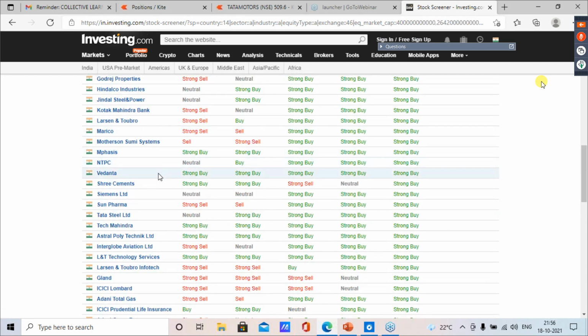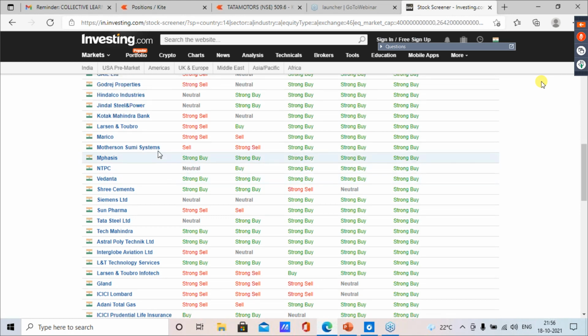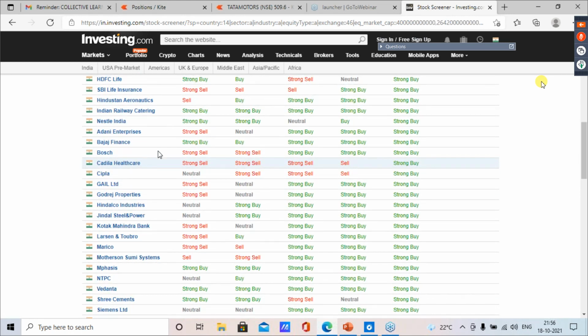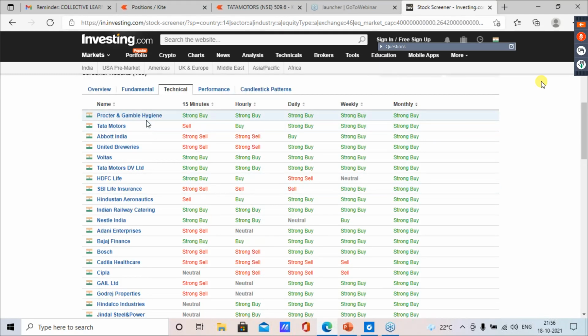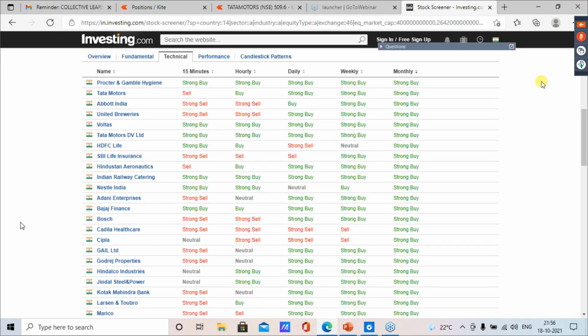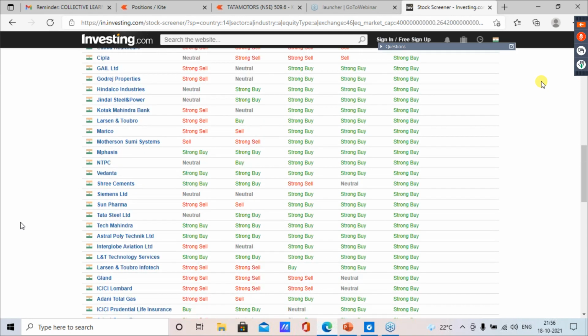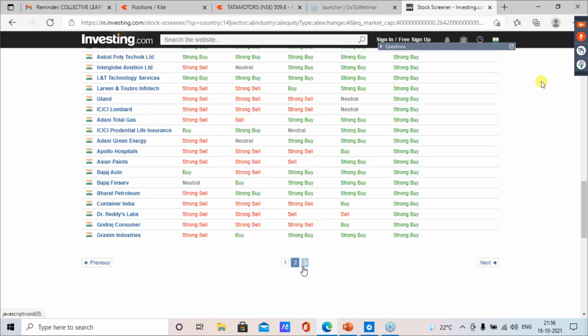Okay, and Vedanta Limited is also bullish for tomorrow. Procter and Gamble Hygiene is also strong buy in all time frames. This is how you're going to shortlist stocks for a buy trade exclusively for intraday, one day before.